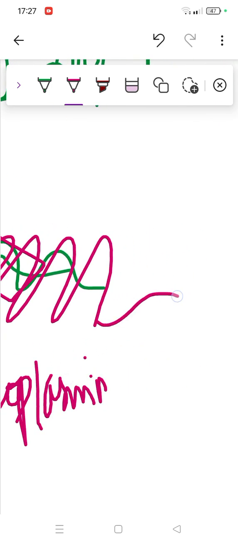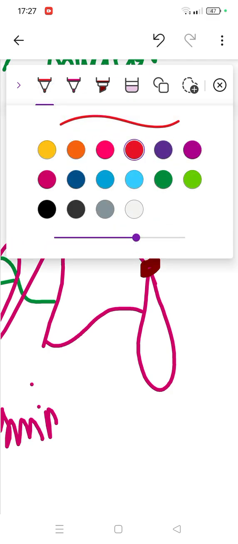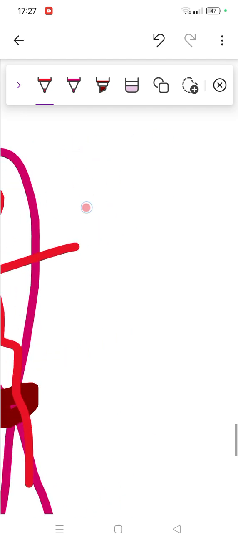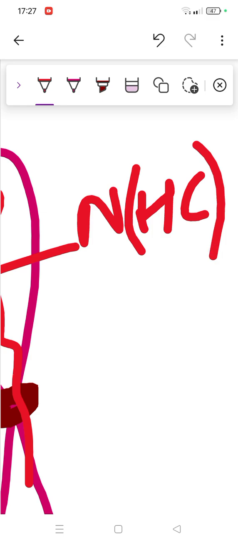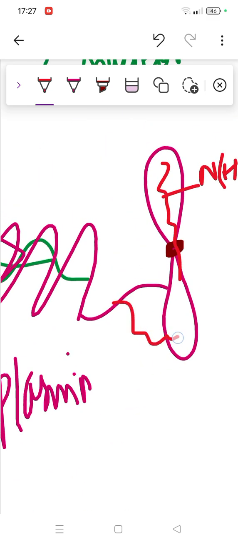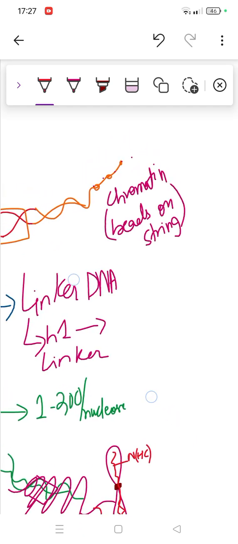Then this is going to get attached in the chromosome. In the center we have other parts. In the middle there will be non-histone chromosome protein present. Then this part is going to attach throughout the end, and here comes the entire division or packaging, everything would be done.